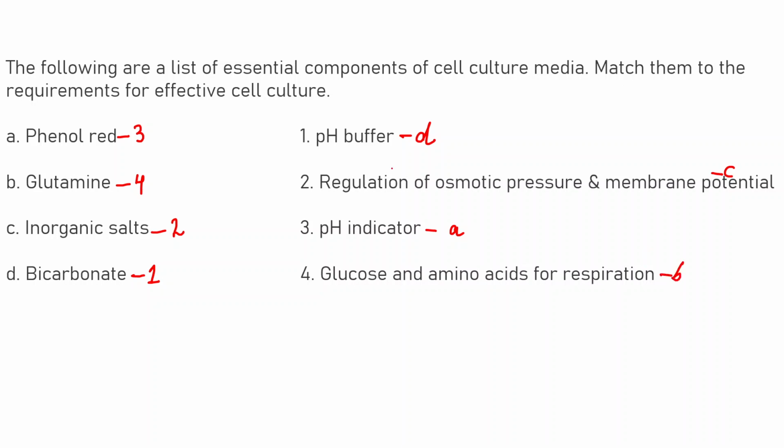So these are the essential components of cell culture medium, and these are the components which DMEM has, which is the most widely used cell culture medium. So these are the essential components which DMEM has, and that is why it is used as an effective medium for propagation or for culture of cells.